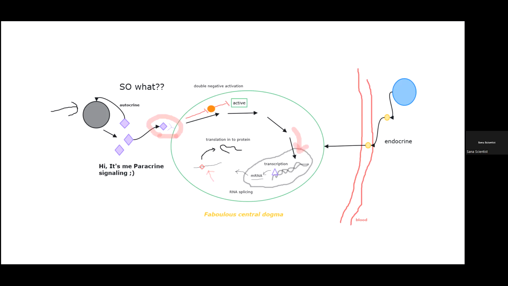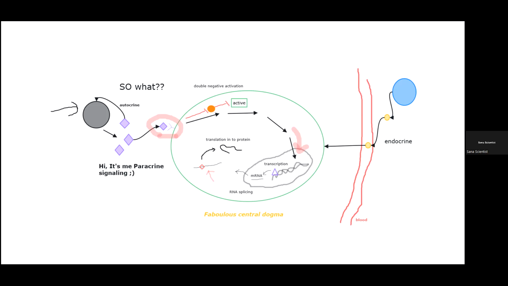We will have mRNA, the messenger RNA, which will have to exit the nucleus. Before exiting the nucleus, we have RNA splicing. RNA splicing means that the mRNA has to become mature so that when it leaves the nucleus, it doesn't get degraded.